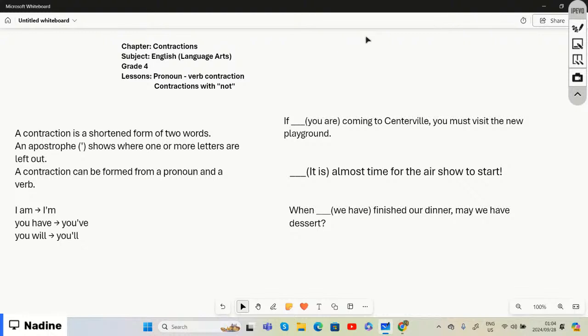And the lessons that we are going to be focusing on under the chapter of contractions are pronoun verb contraction, and contractions with not. That is going to be our lessons for today, right? So contractions.